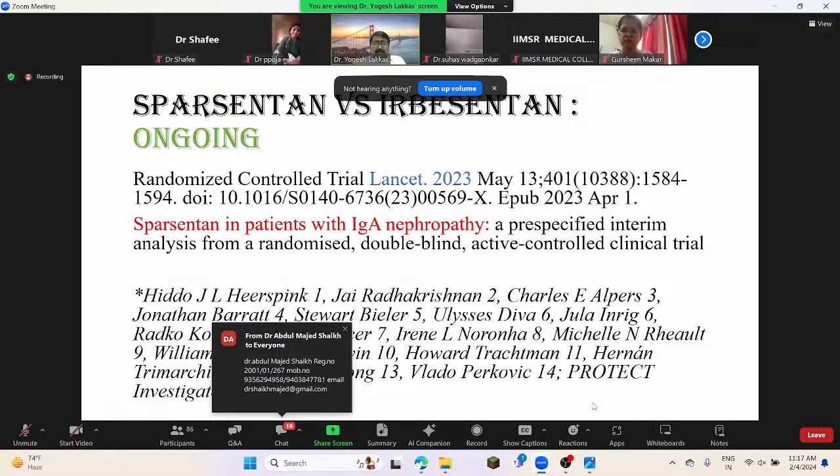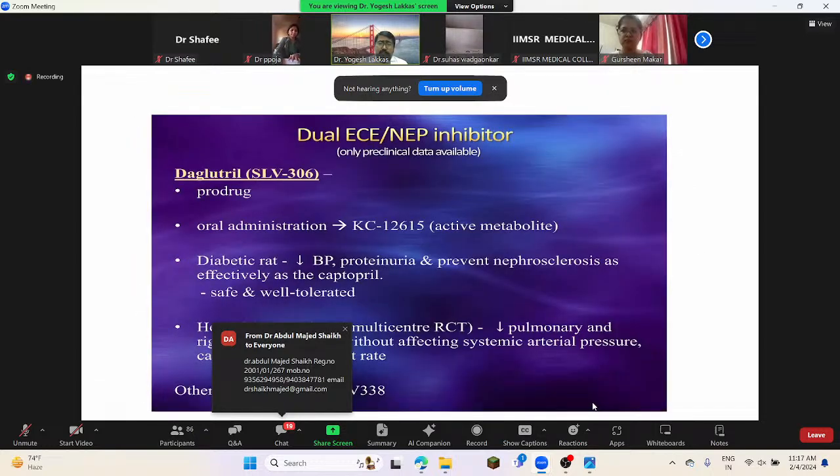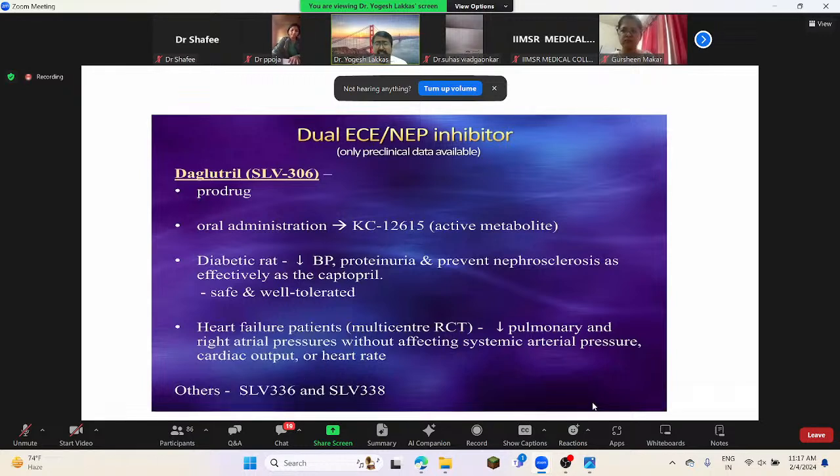Now, daglutril. This is the endothelin converting enzyme inhibitor. This is being tested and has been found to be effective. It decreases the pulmonary and right atrial pressure without affecting the systemic arterial pressure, cardiac output, and heart rate.